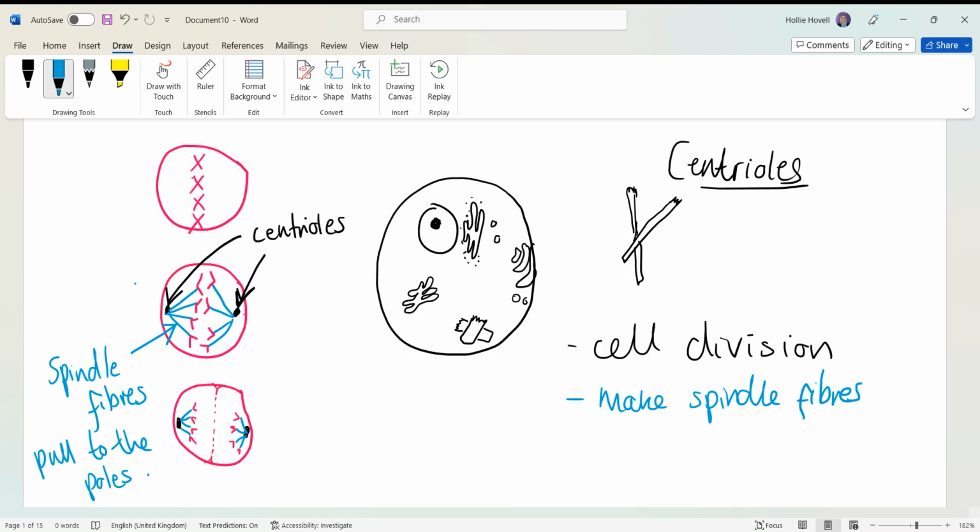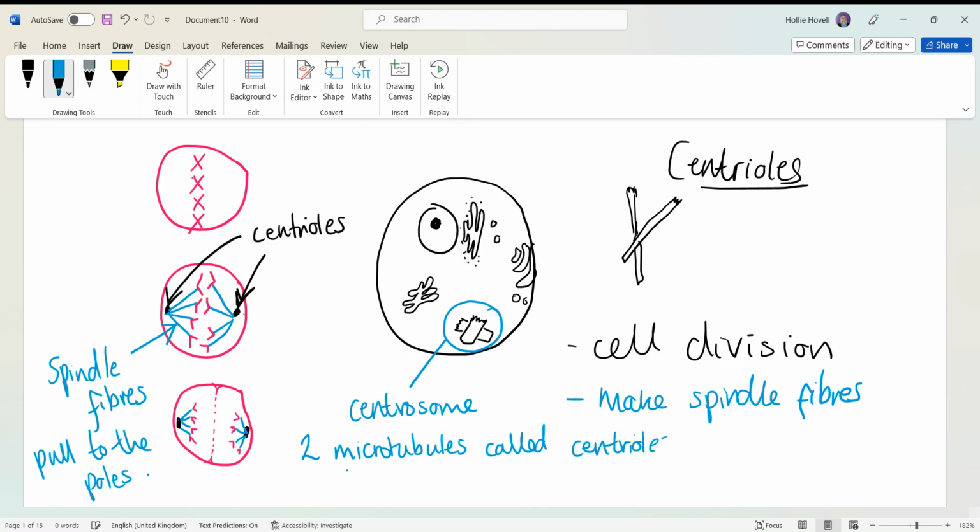So this structure here with the two, you could call a centrosome.